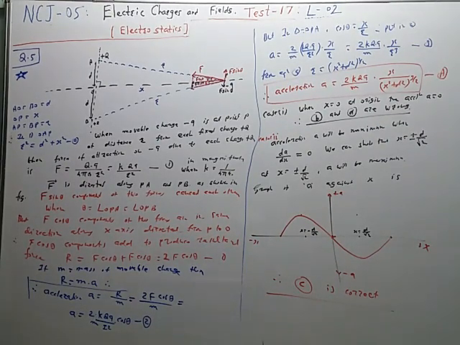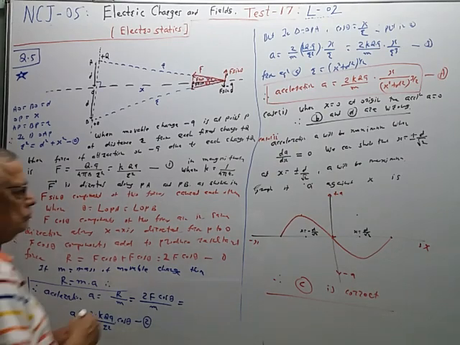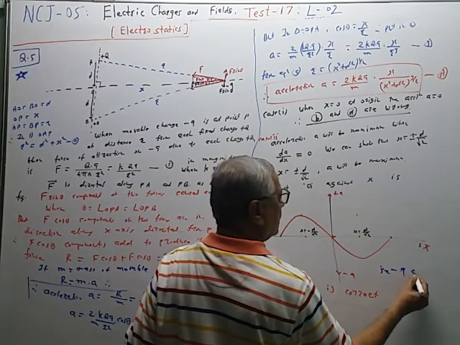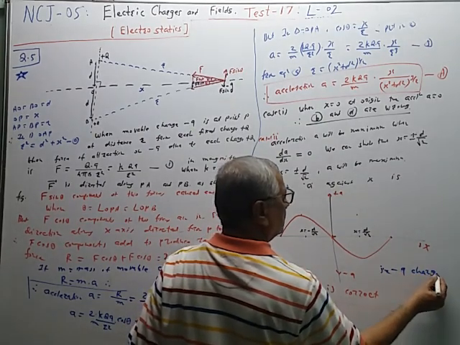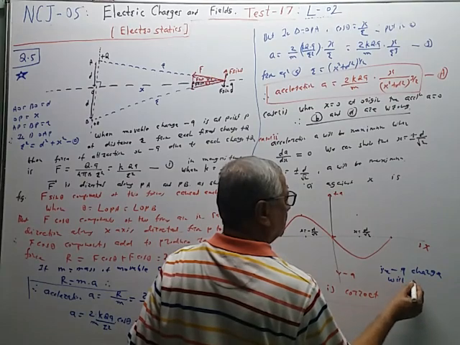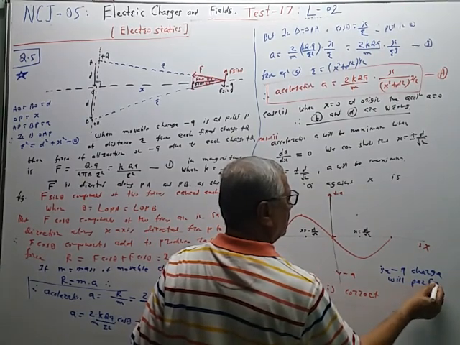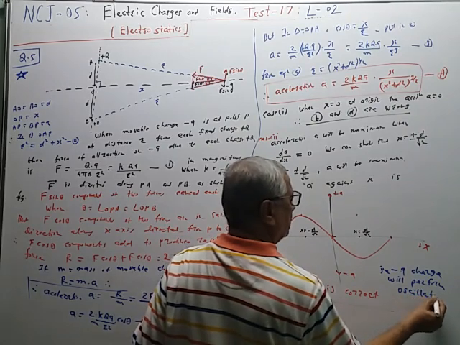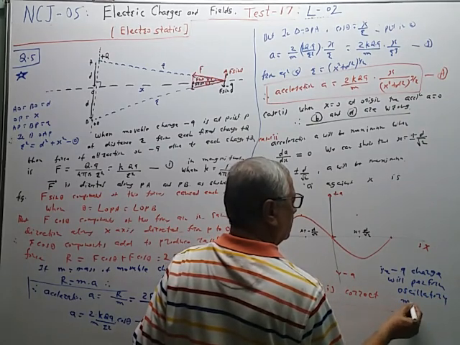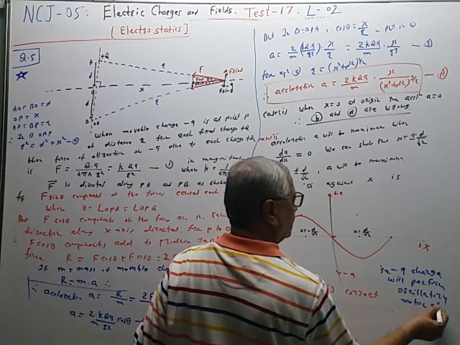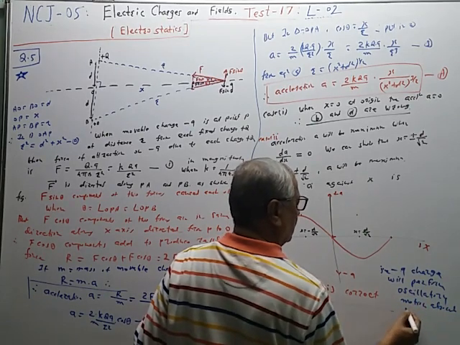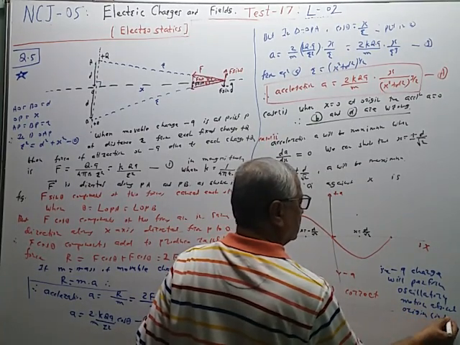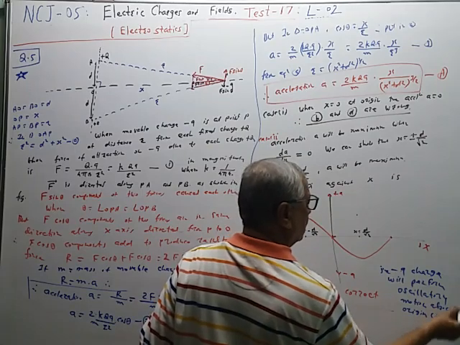So, you can add one more conclusion. That is, minus q charge will perform oscillatory motion about the origin, that is x is equal to 0.